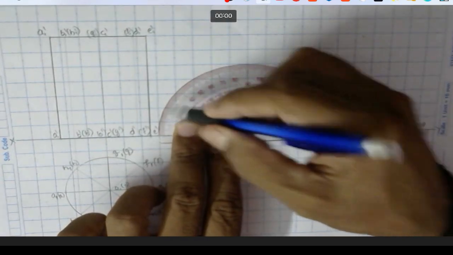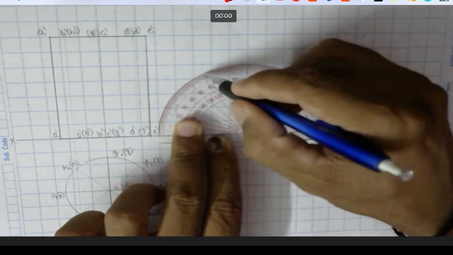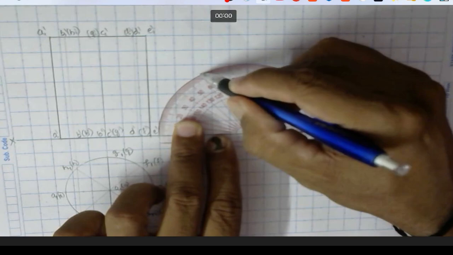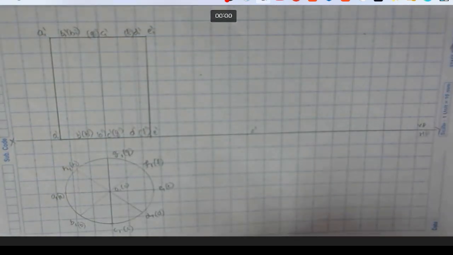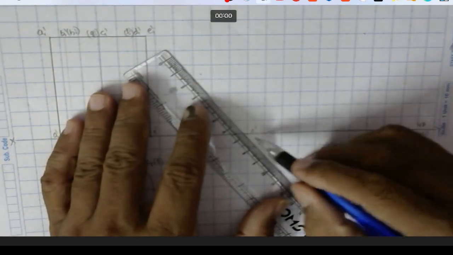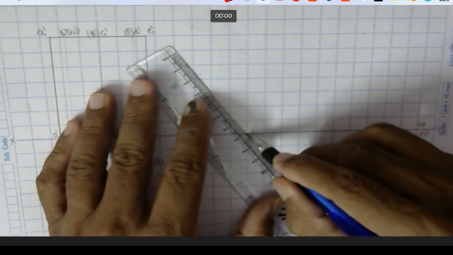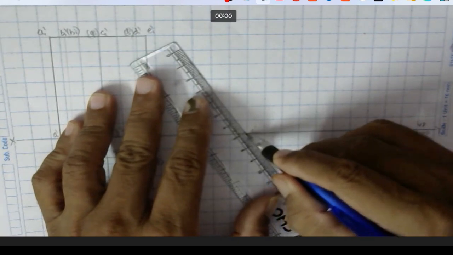So 10, 20, 30, 40, 60 here. Okay. Now you just draw a line of length 50 mm, because its diameter is 50 mm.